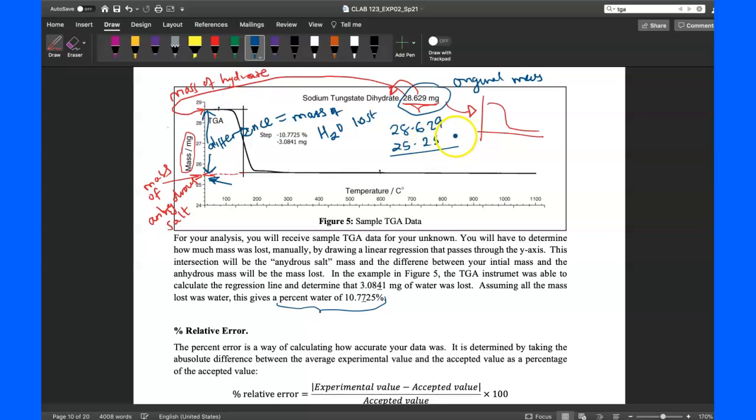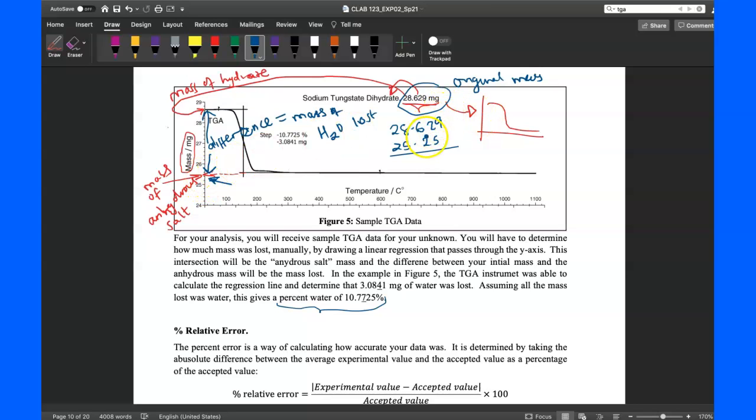Okay, and then if you do the subtraction, I'm just doing a rough illustration here. You should read your graph accurately. 28.629 minus 25, actually that's 25.5, because this is 0.2, that's 0.4.